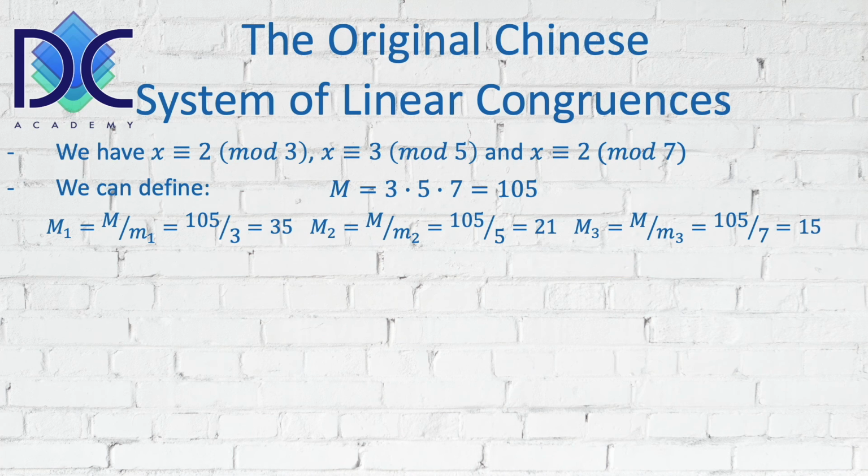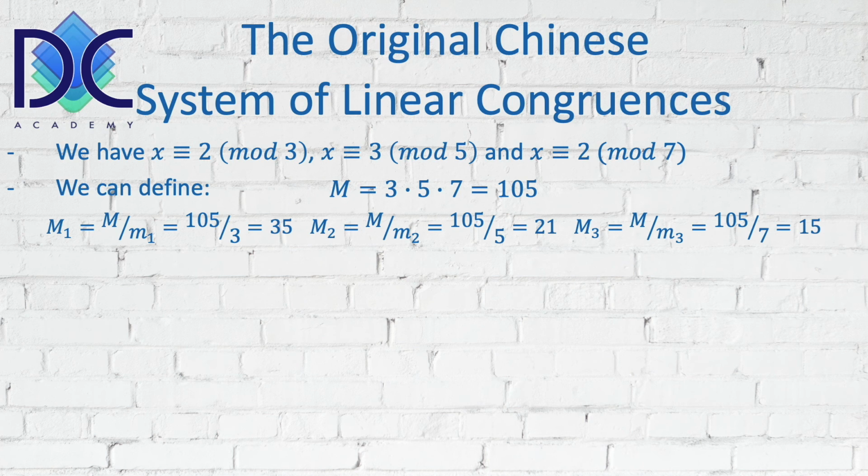We can also calculate M1, which is equal to M divided by m1, which is 105 divided by 3, which is 35. Then we have M2 equal to M divided by m2, which is 105 divided by 5, which is 21. And then we have M3, which is equal to capital M divided by m3, which is 105 divided by 7, it's 15.